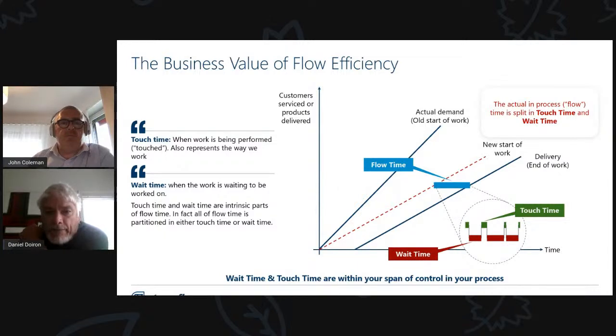As we know, touch time is the time that I actually work on my stuff, and the wait time is time that I spend waiting for stuff, because that's the nature of knowledge work. And they're both an intrinsic part of what we call flow time.